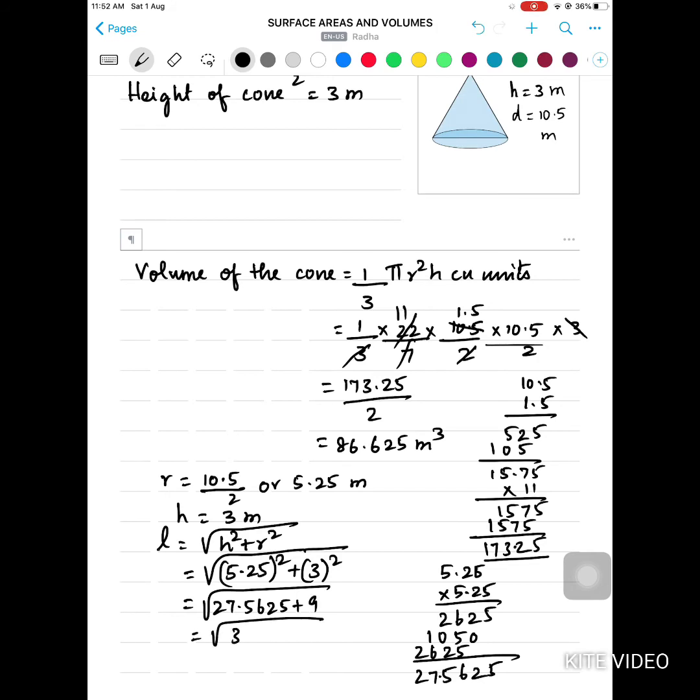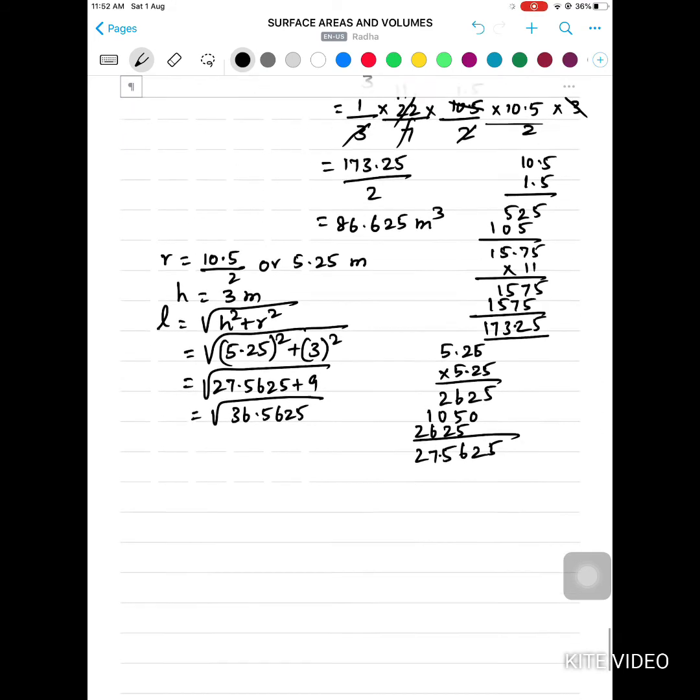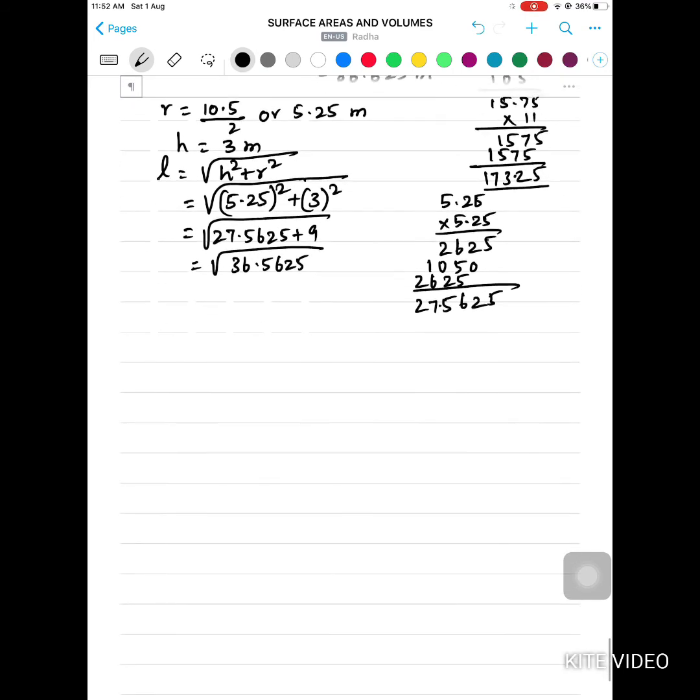So when you add them, you get 36.5625. So how to find the square root of 36.5625? 36.5625. So 6 6s are 36.